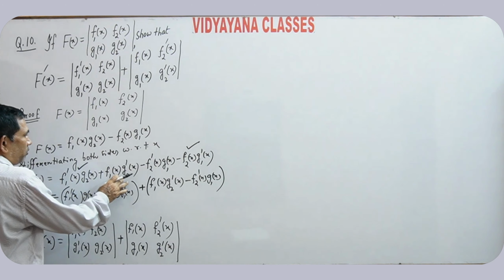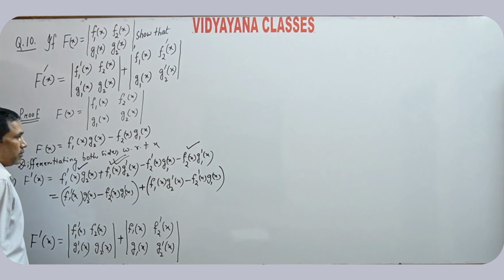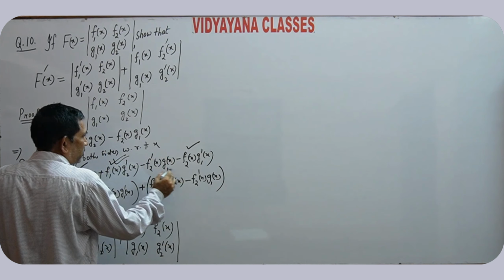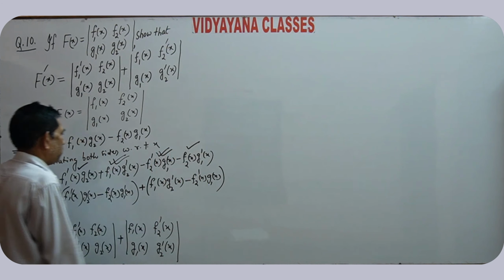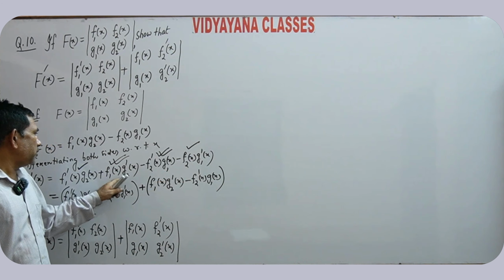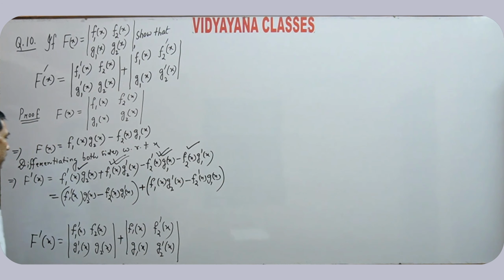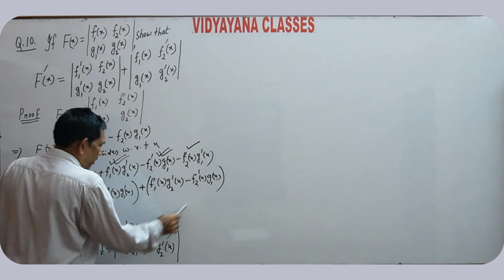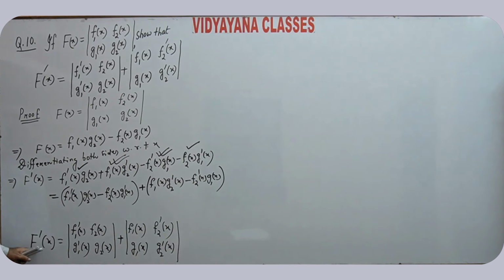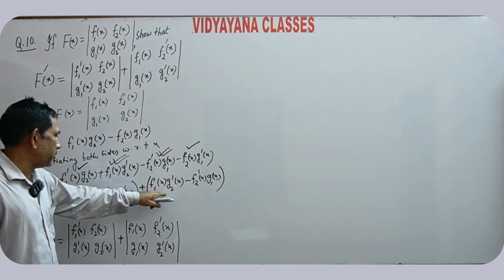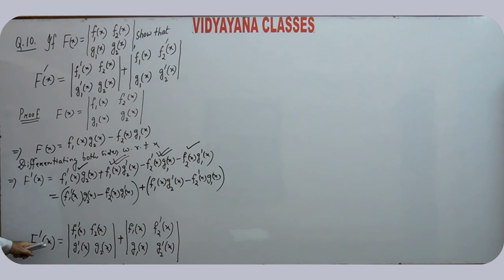Expanding this determinant gives this result, and expanding the other determinant gives this result. So F dash x is equal to this.